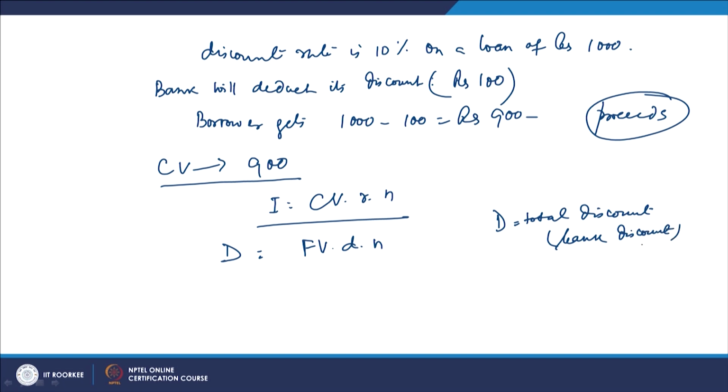Now FV is the maturity value of the loan, D is the discount rate, and N is the term of the discount.